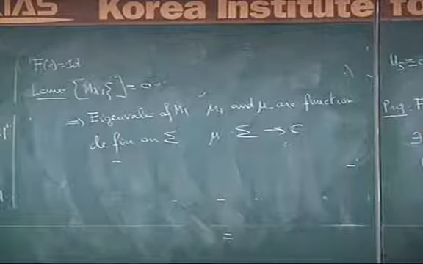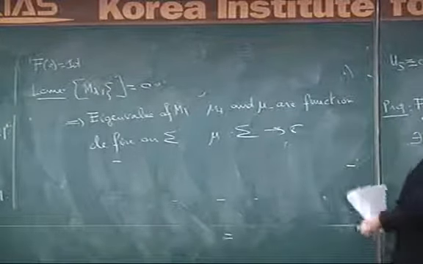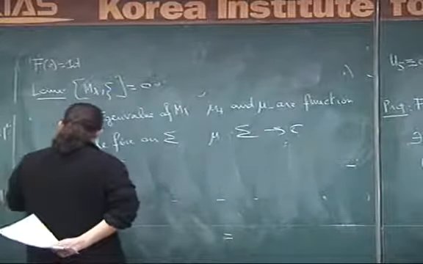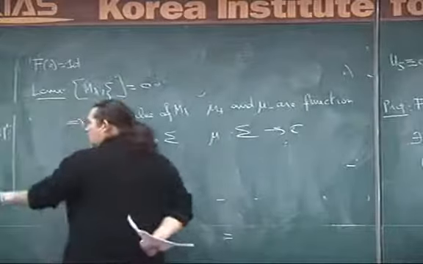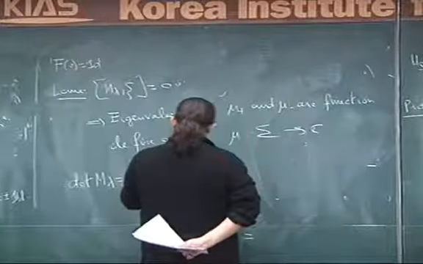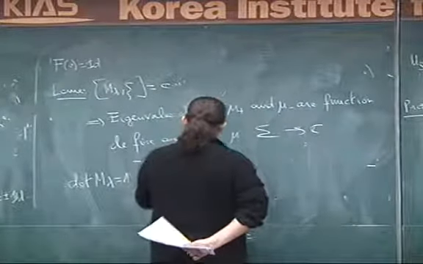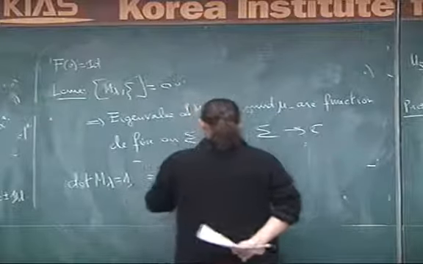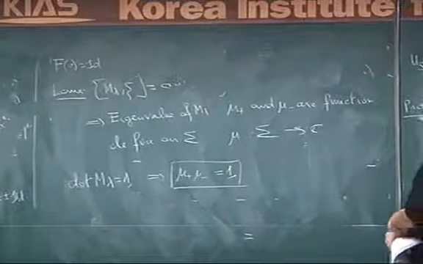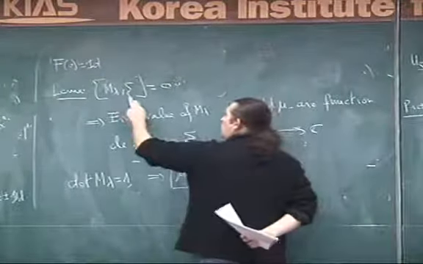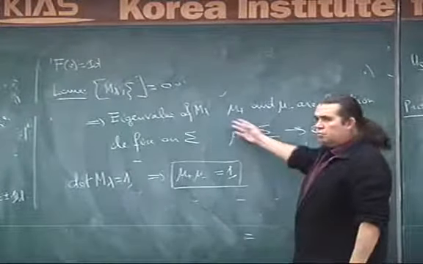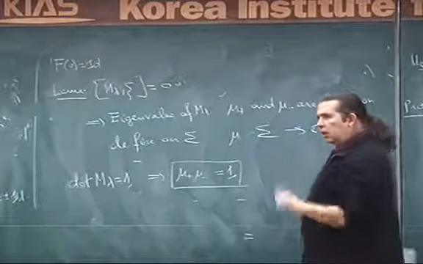In fact, mu is a holomorphic function, and since the determinant of M(lambda) is 1, because it is in SU(2), we have mu times mu^{-1} equals 1. By studying the commutation, mu and psi have the same eigenvector. Then by studying mu, you can see that mu has a very nice property.